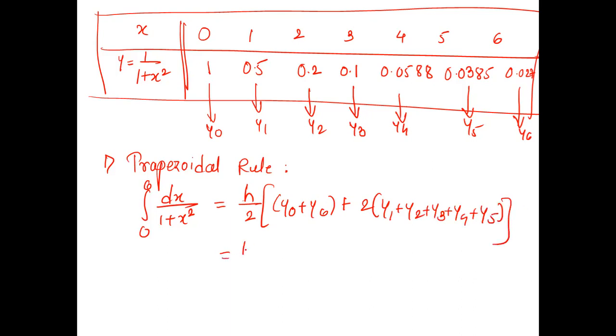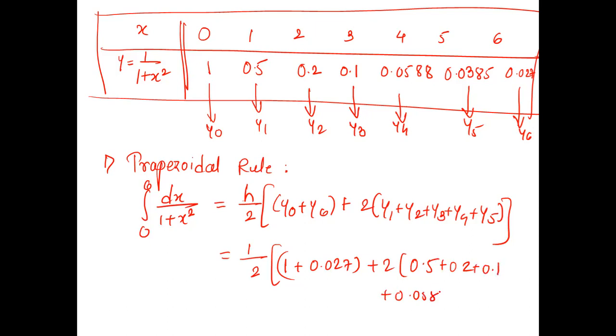And put the values and solve. We have chosen h as 1. So 1 by 2 into y naught is 1 plus y6 0.027 plus 2 times y1 0.5, 0.2, 0.1, 0.0588, 0.0385. Solve this, you will get the answer.